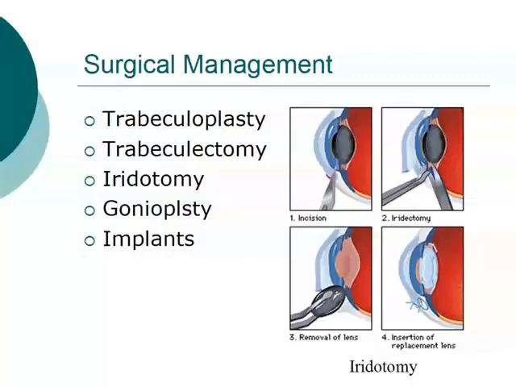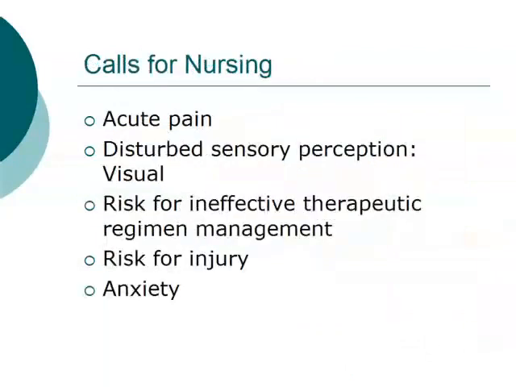Each of the surgical methods once again has the same goal as medication, to decrease pressure within the eye. They just each work slightly differently to achieve that end goal. Good nursing diagnoses for these patients would be acute pain, sensory perception problems, ineffective therapeutic regimen management, risk for injury, and anxiety.